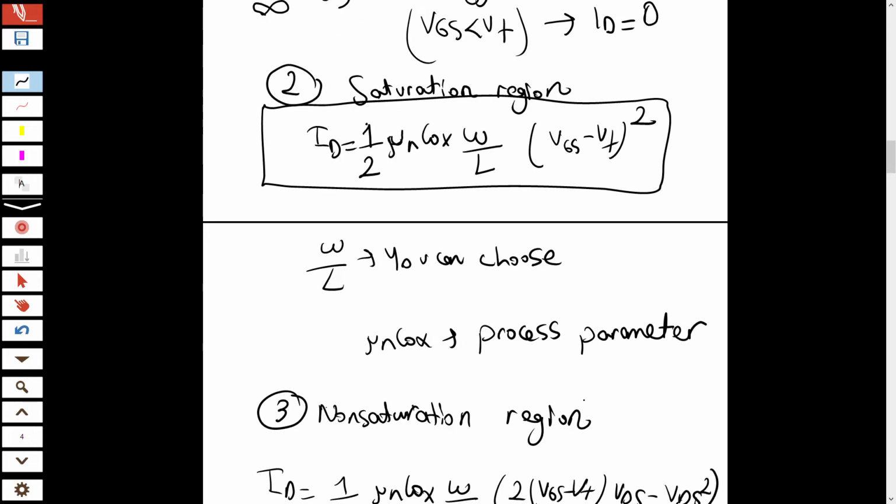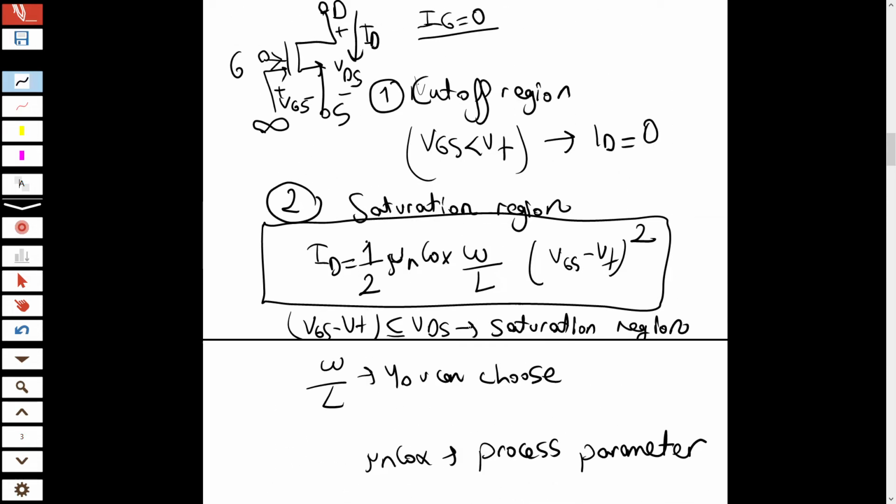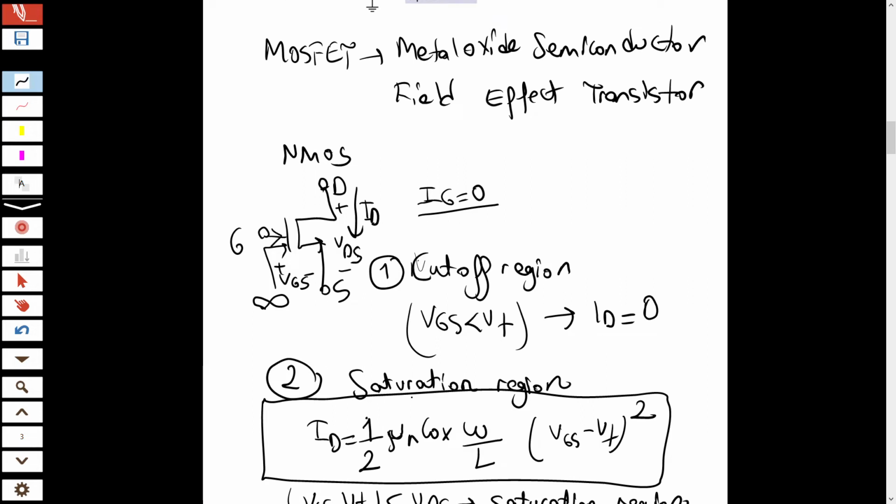But if VGS minus V threshold is less than or equal to VDS, then my transistor is in saturation region. For amplifying purpose, we will use MOSFETs in saturation region. I mean, VDS will be always greater than VGS minus V threshold.